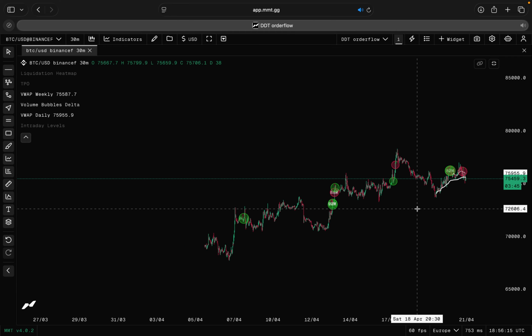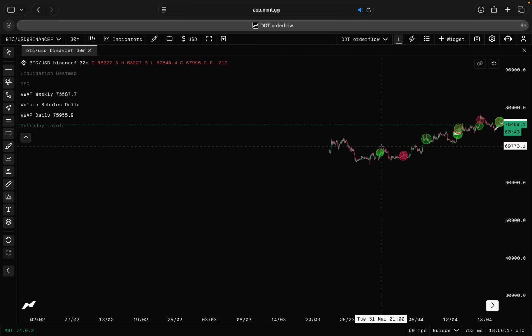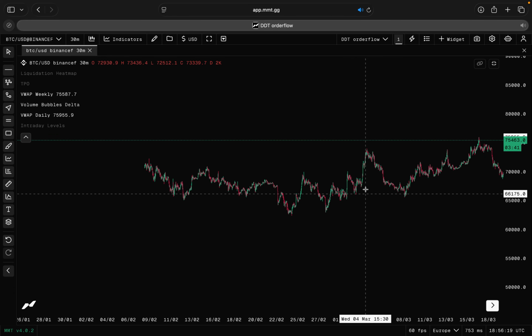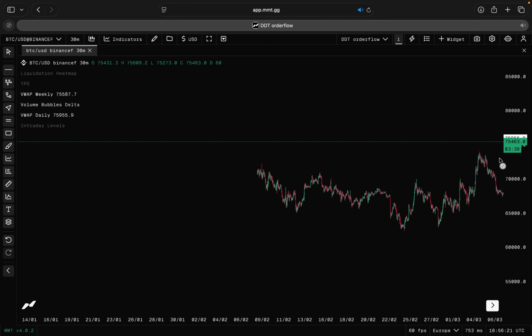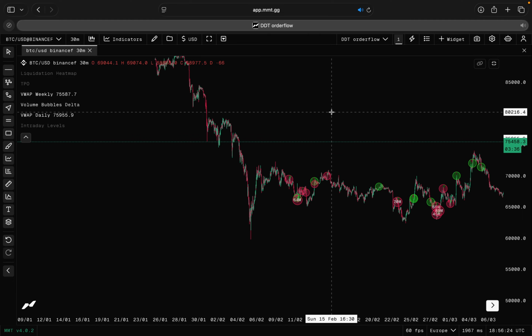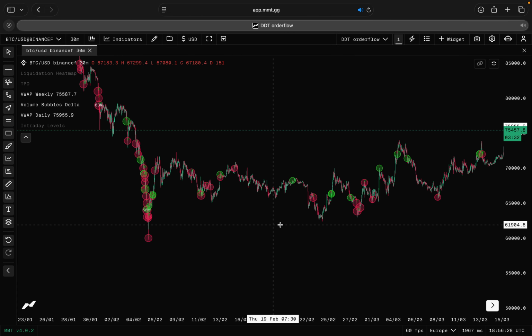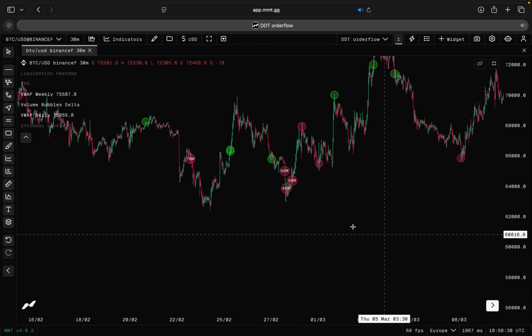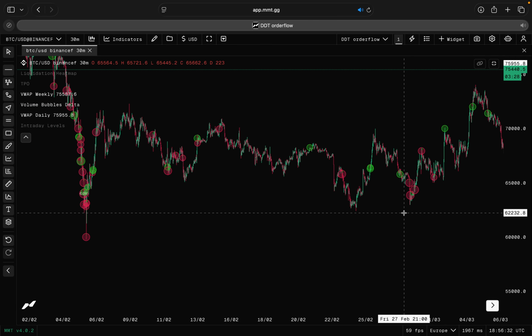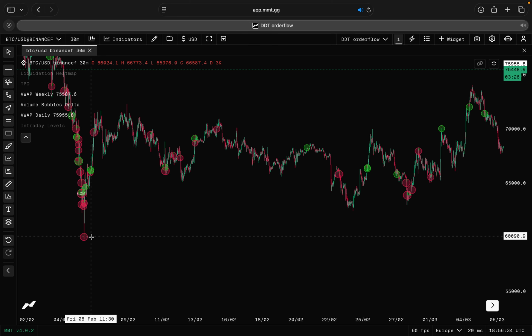Let's see if we have some heavy bubbles at super obvious places. Yeah, like this is the ultimate range low we have, that naked low. Also a lot of negative selling, price not going lower.